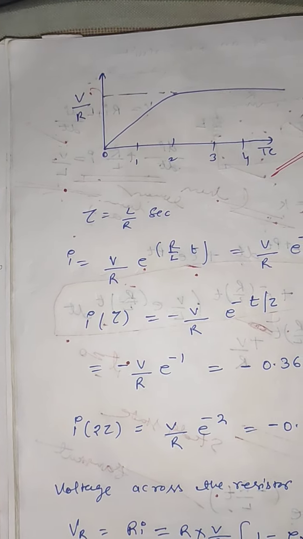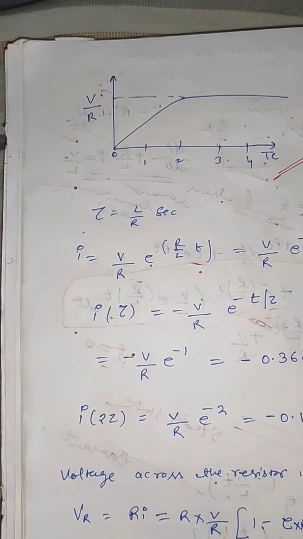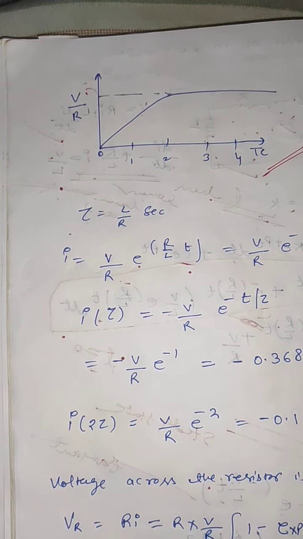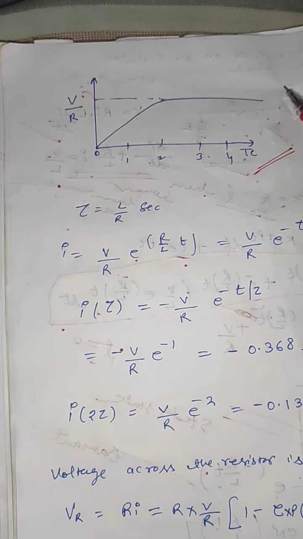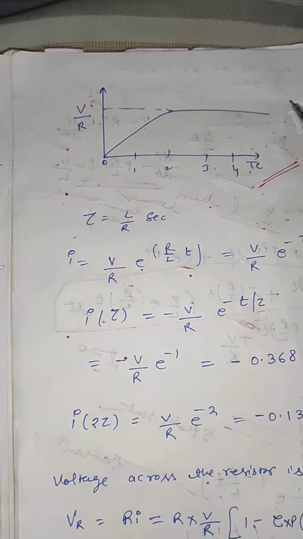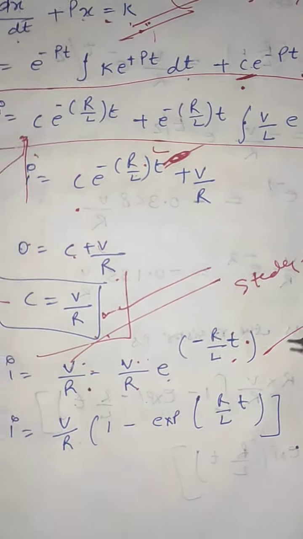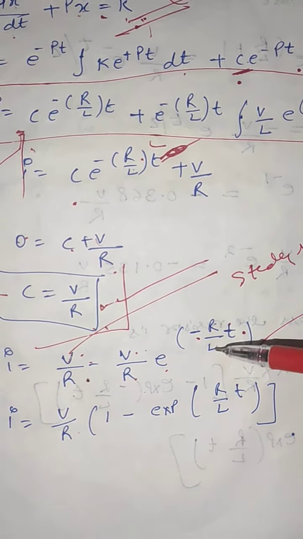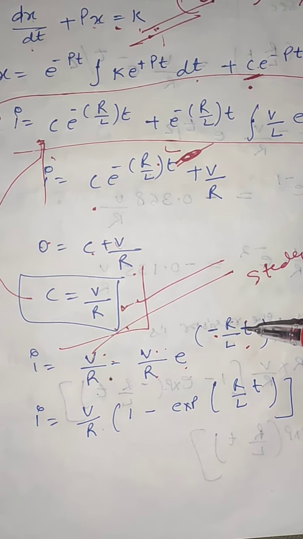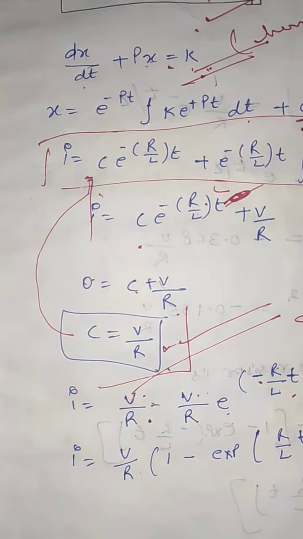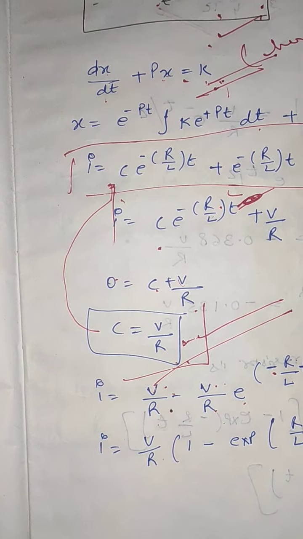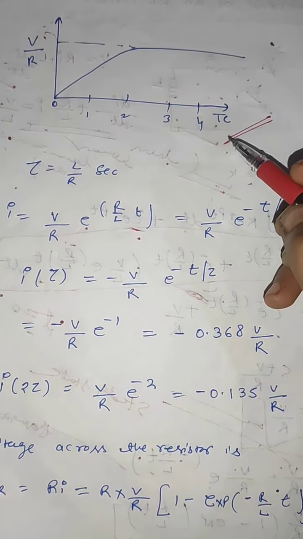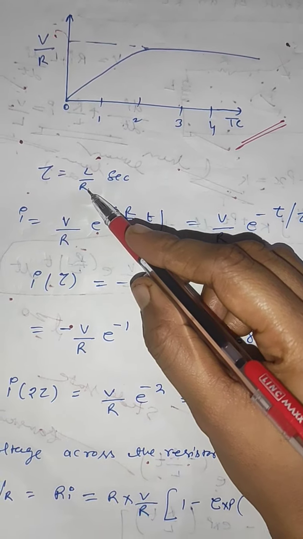In the transient part of the solution, the quantity L upon R is the time required for the current to reach from the initial value of 0 to the final value V upon R. It is the time at which the exponent of e is unity, where e is the base of the natural logarithm. Here L upon R is the time constant and is denoted by tau.